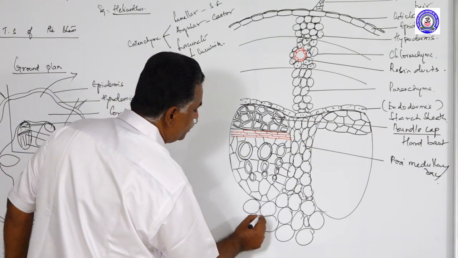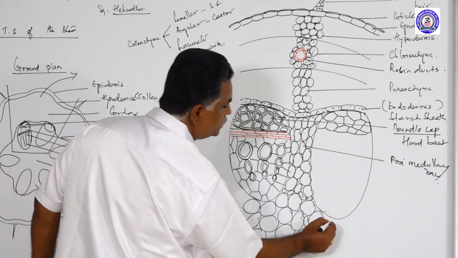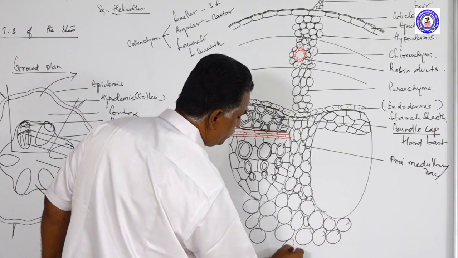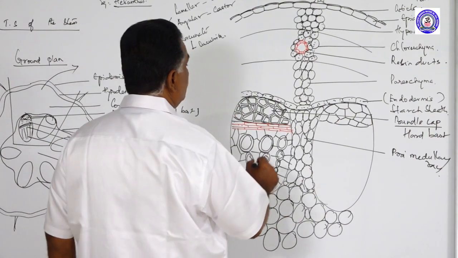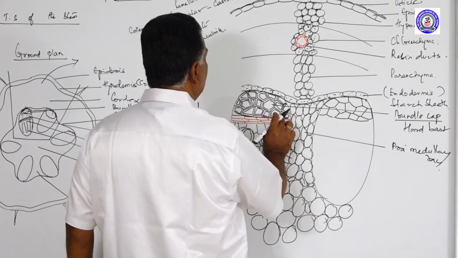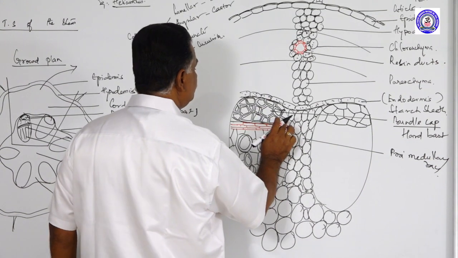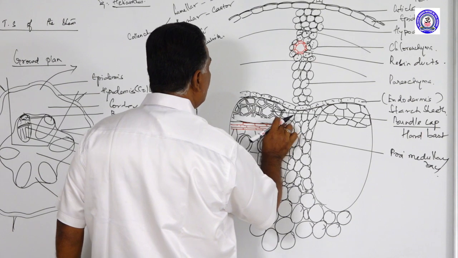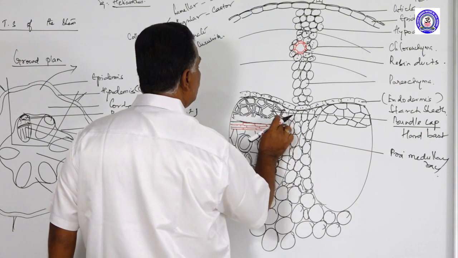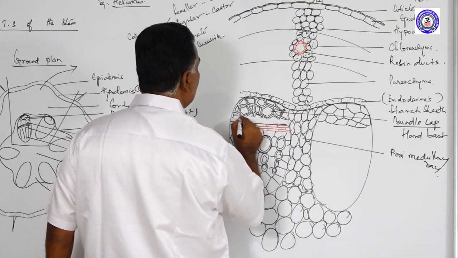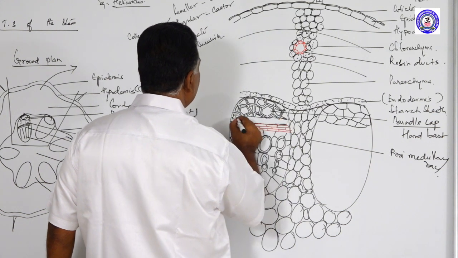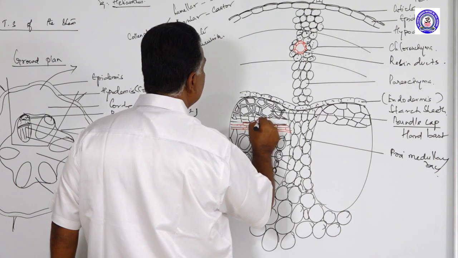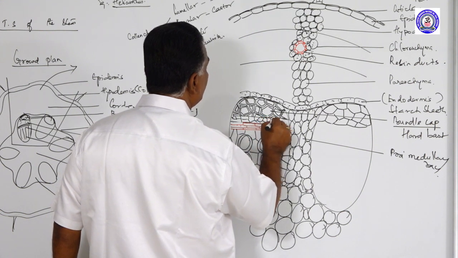Here this is pith. This region is called pith. Bundle cap, and before that there is primary phloem. Outside there is primary phloem.